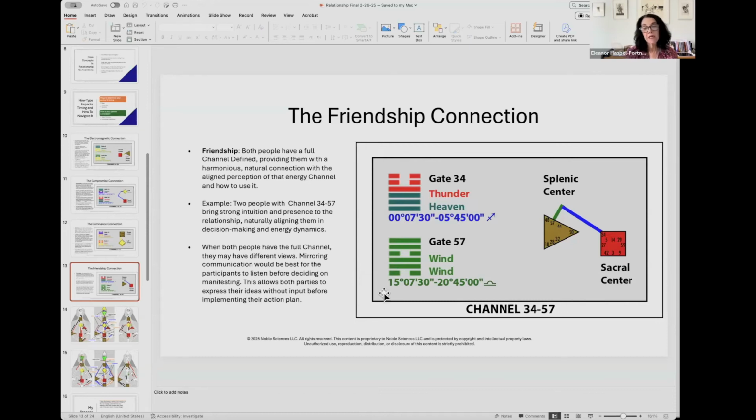What I recommend for two people with the same channel is that they use the skill of mirroring. Mirroring is a way of listening where you're not giving any feedback to each other. You're just taking turns saying what you know and what you perceive.